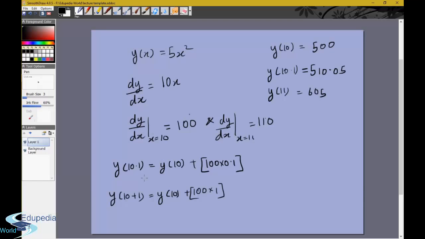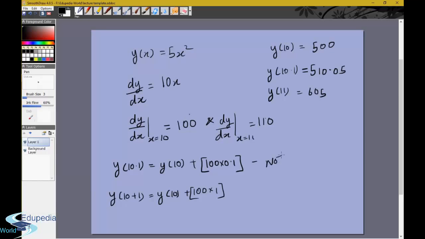But now these two relations are not true because dy by dx is not constant. So even between 10 and 10.1, dy by dx is changing. It's going from 100 to 101. Between 10 and 11, dy by dx is certainly changing. It goes from 100 to 110. So because dy by dx is changing, we cannot really use these two equations.